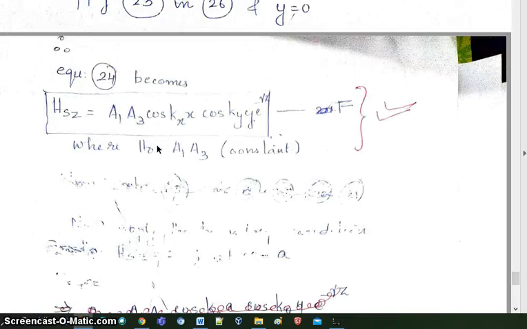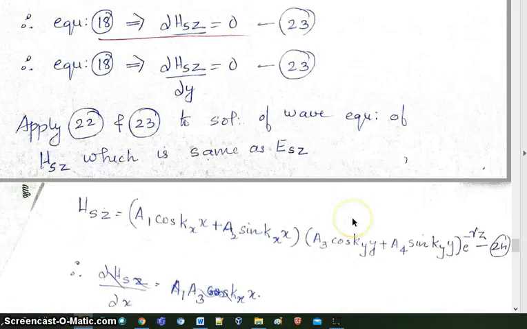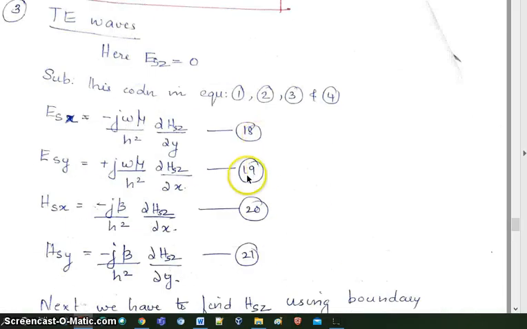Now I can substitute this Hsz in 18, 19, 20 and 21. Now I got the expression for Hz, right? So you simply substitute here, differentiate with respect to y in equation 18, here with respect to x, and here with respect to y.